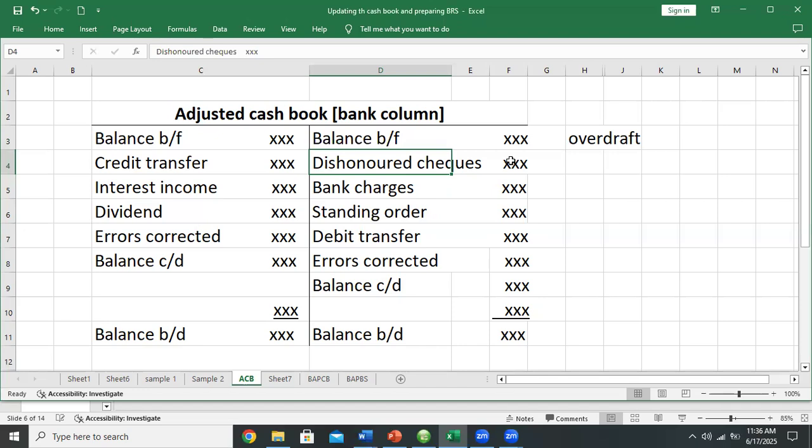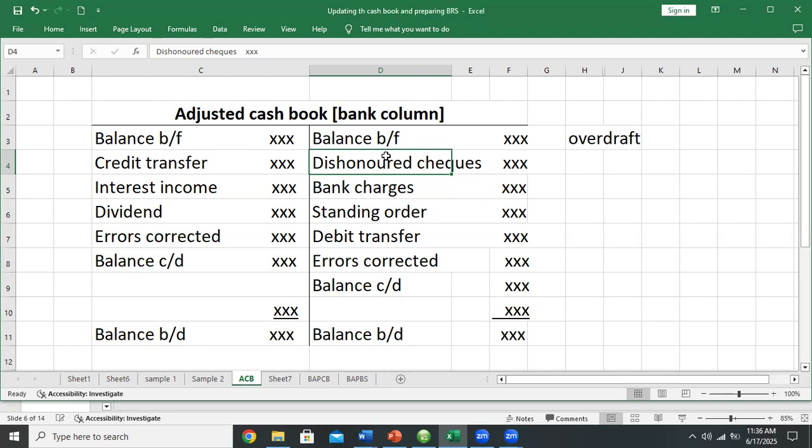So you will credit this dishonored check to cancel the earlier debit we made when we received the check. So this dishonored check is put at the credit side to cancel. Because when you receive, you debit. So if the bank says they will not pay, you have to cancel it, right? So that's why this dishonored check is at the credit side.